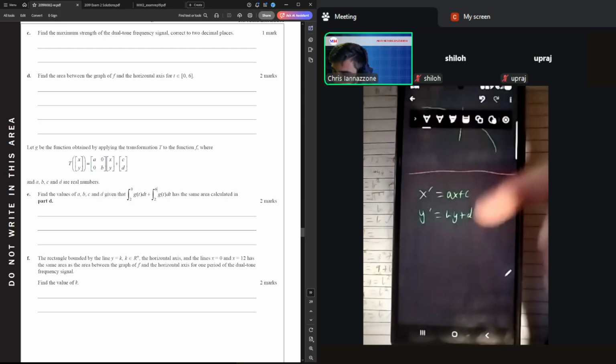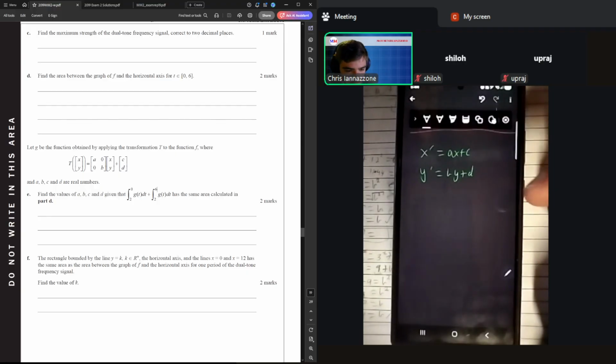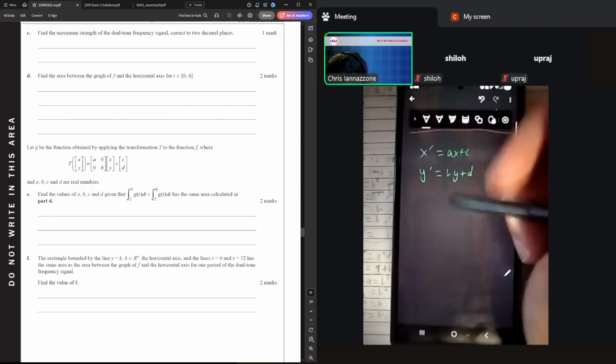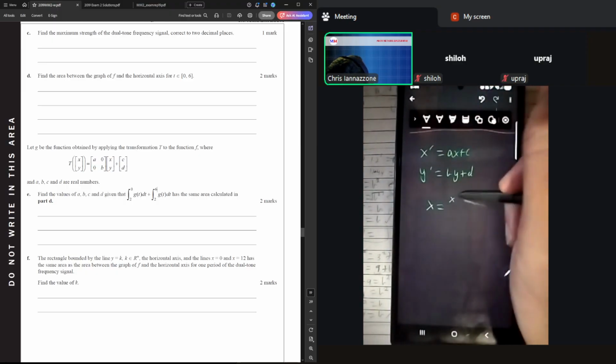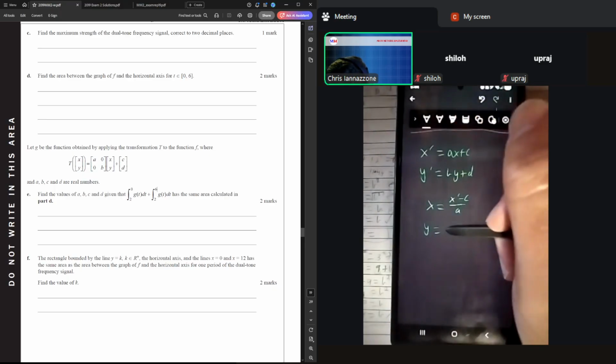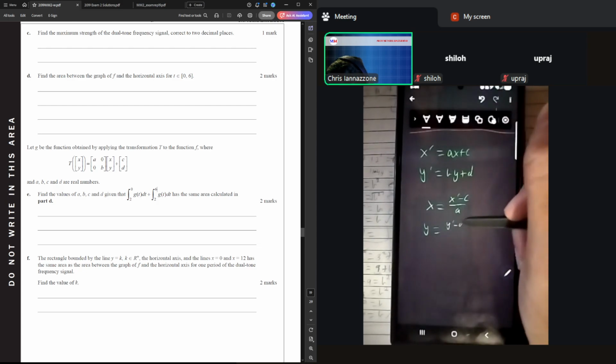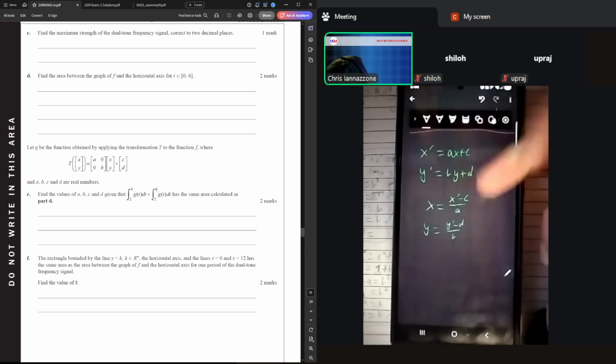Just a reminder, of course, you need to get x and y on their own before subbing it. So you'd get something to the effect of x equals (x dash minus c) on a, y equals (y dash minus d) on b.